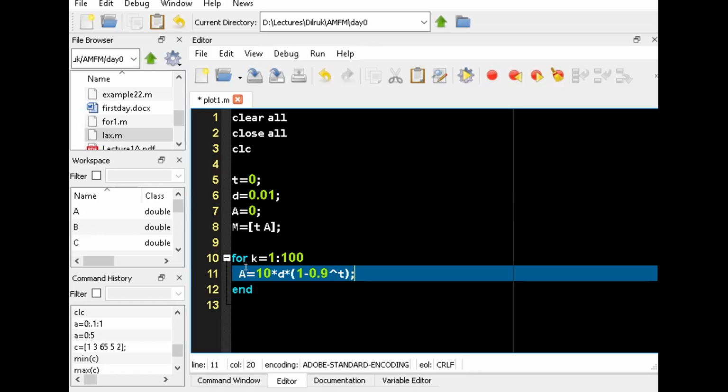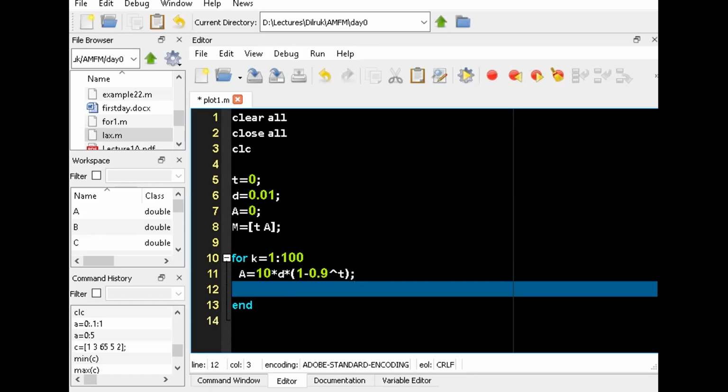Now I put this data into this matrix. I will update that matrix, or extend my matrix. Initially it had one column and two rows. Now I am adding 100 columns, 100 rows.